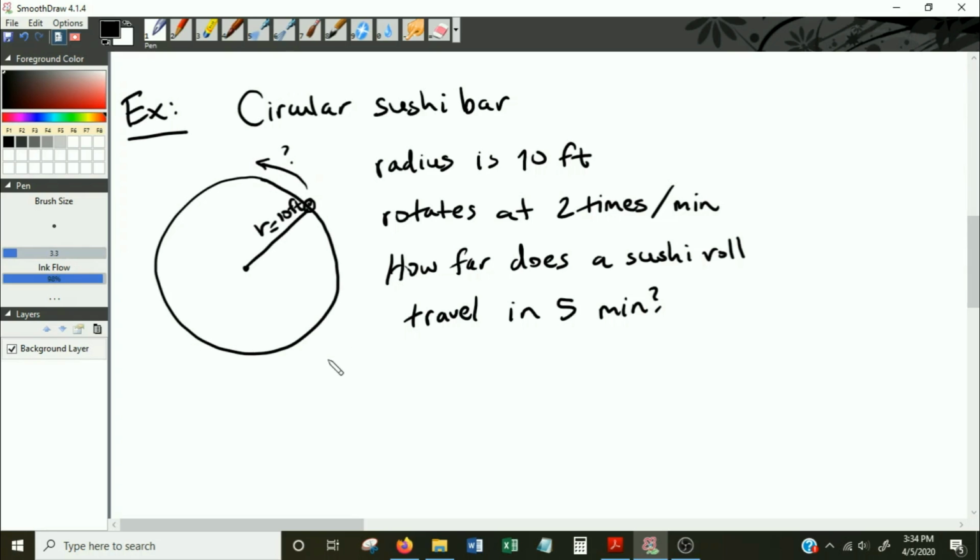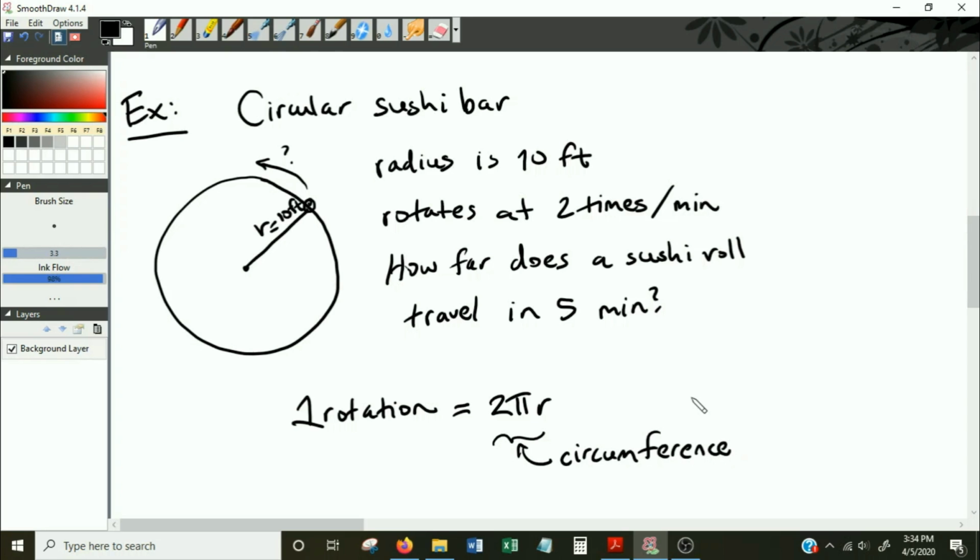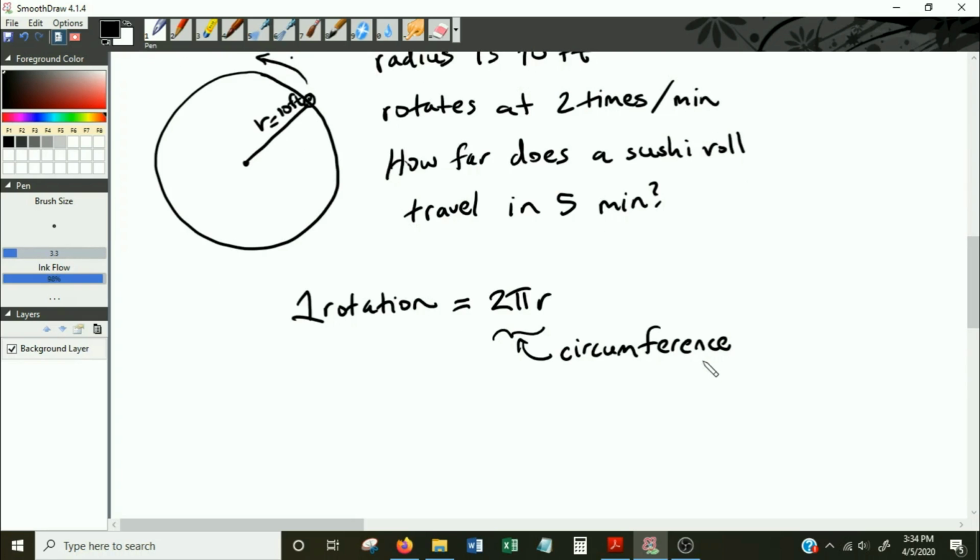So the way that we would solve this is, first we have to find out how many feet is covered in one rotation. So let's do that. In one rotation, it's going to be 2 pi r, which is the circumference. That's because one full rotation is always going to be 1 circumference of the circle.